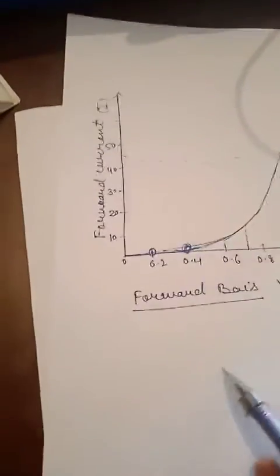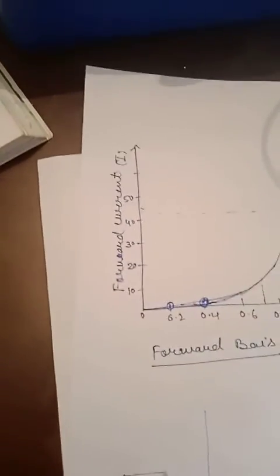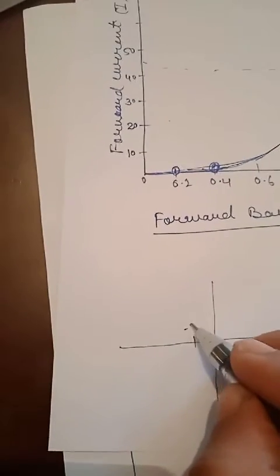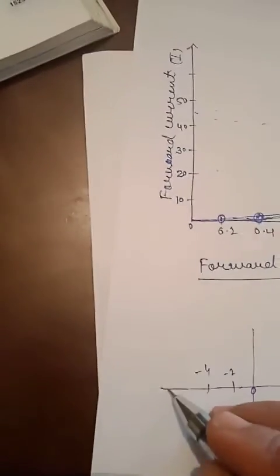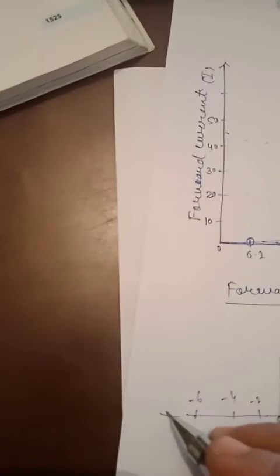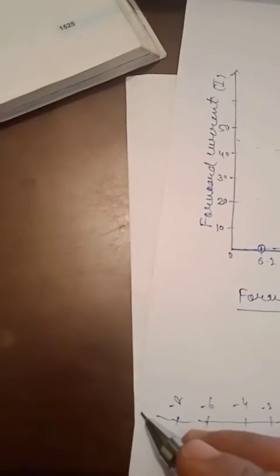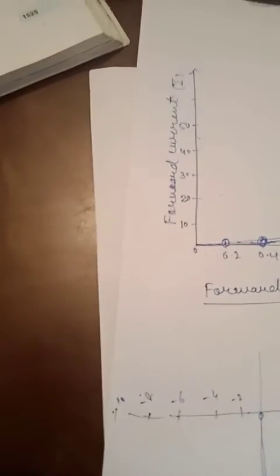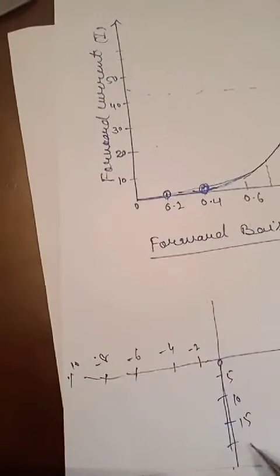And because this is reverse biasing, we will take the graph for negative values: -2, -4, -6, -8, -10, and for the current 5, 10, 15, 20.